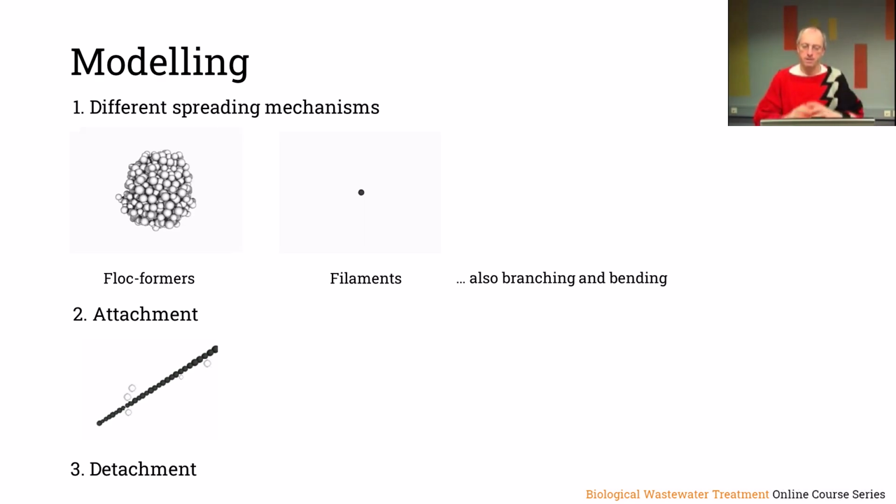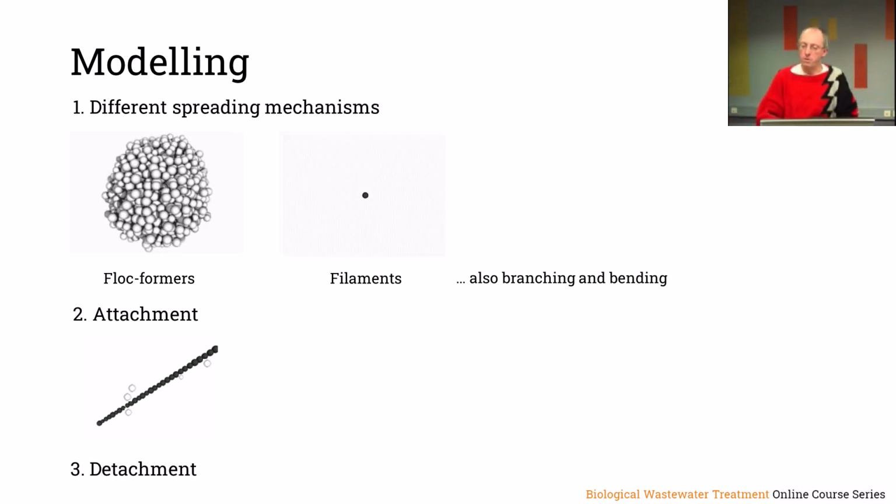And what you see, this is just to show you a little bit how it looks. If you have flock formers, they form a globule. If you have filaments, they grow more or less in one direction. And because bacteria sometimes bend or branch, you can of course add that feature in a simulation model. Now you can also add attachment, because that's one of the other aspects.